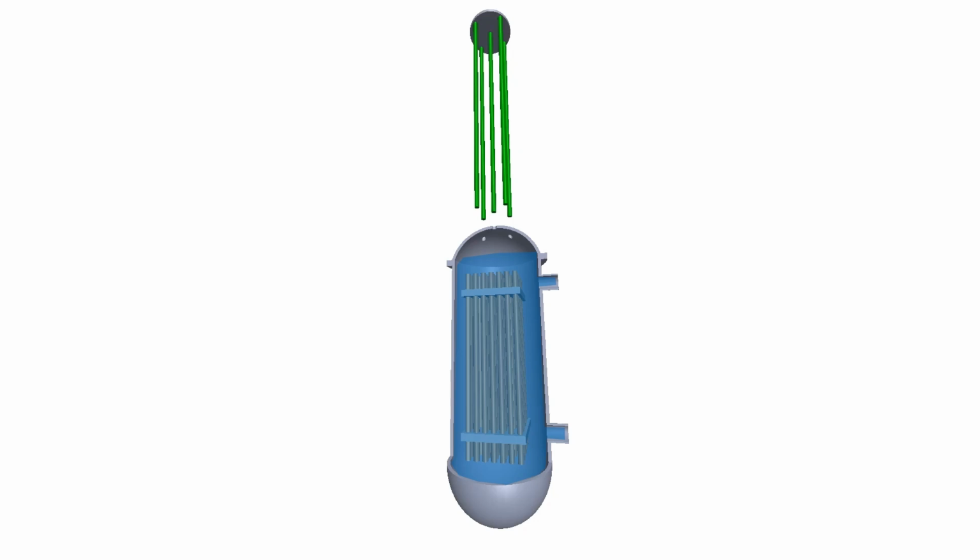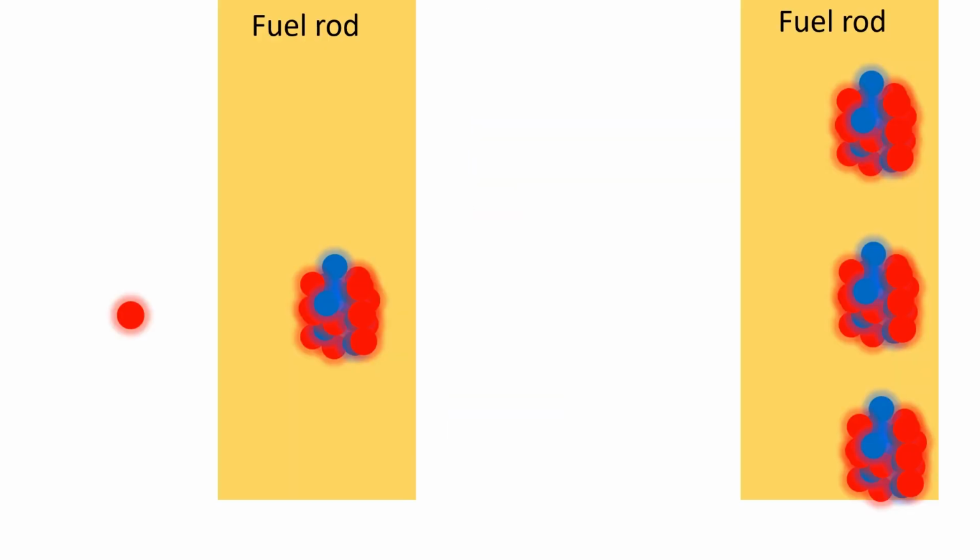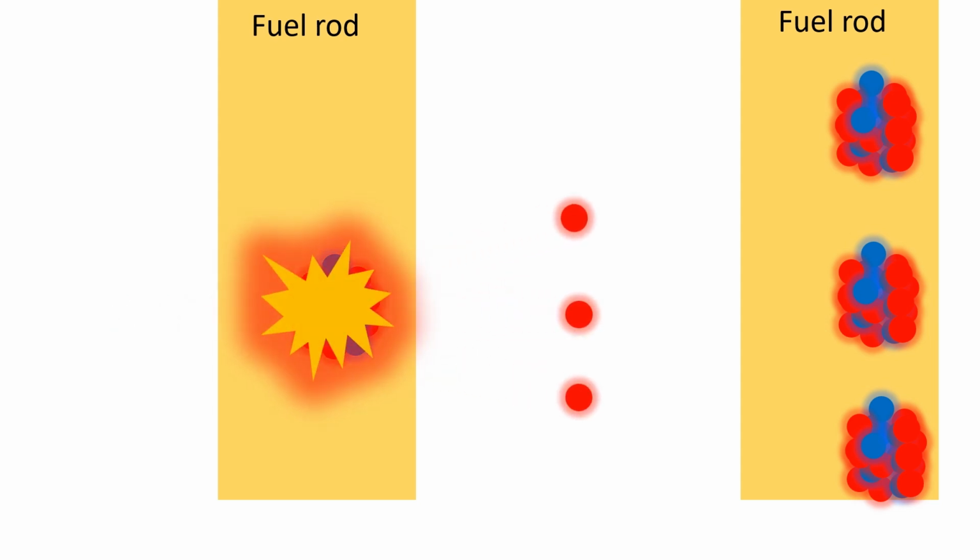To control the nuclear reaction and prevent it from becoming a bomb, control rods are used. These rods, made of materials such as boron or cadmium, can be moved up or down within the reactor. To start the reaction, the control rods are not inserted into the reactor. Thus, the fuel rods continue the chain reaction.